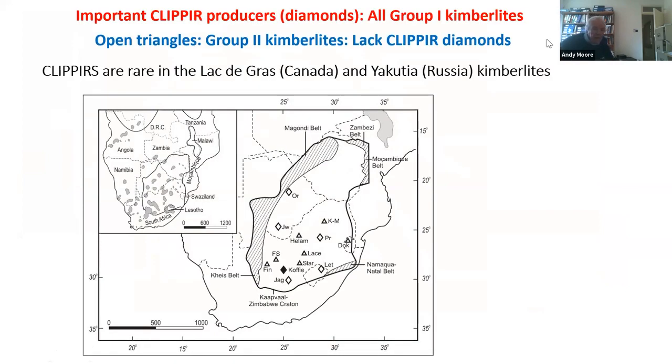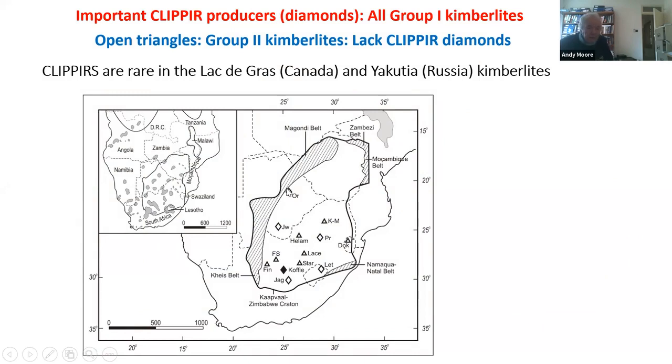So let's just look at how this potentially tells us something about possible proxies for predicting these Clippers. Now, the triangles are group 2 kimberlites, and none of the group 2 kimberlites is an important Clipper producer.